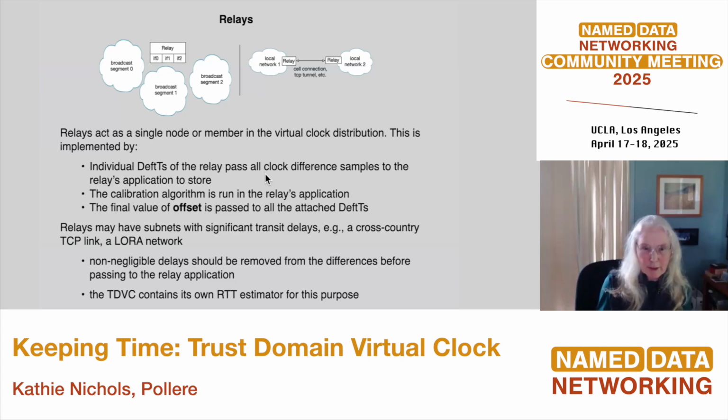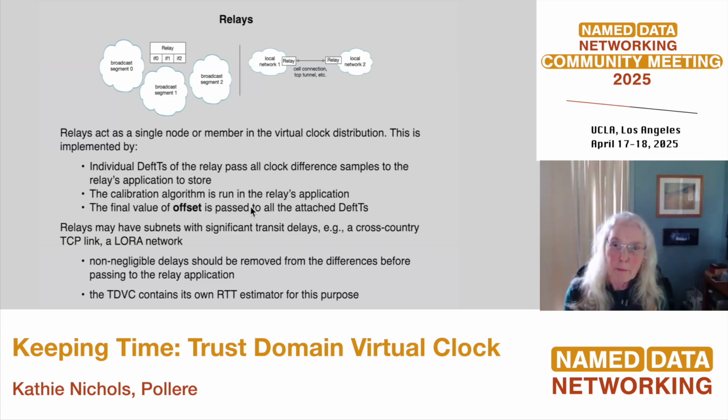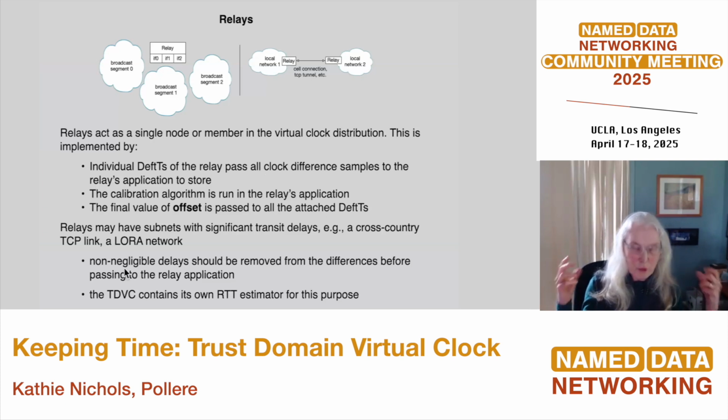To this end, we have our own RTT estimator. And we mean something a little different by RTT than what you think of as a round trip time between two entities. We're thinking of the round trip time of the neighborhood. The neighborhood might be just two entities, like it would be across a TCP link.